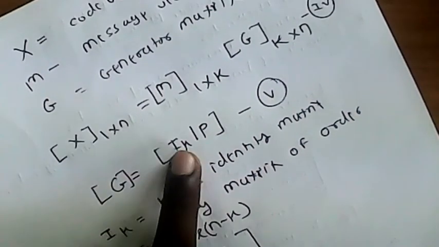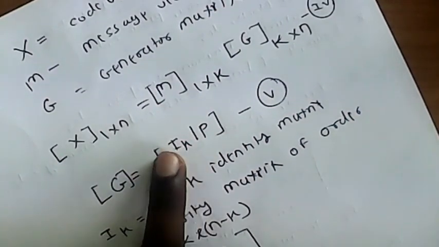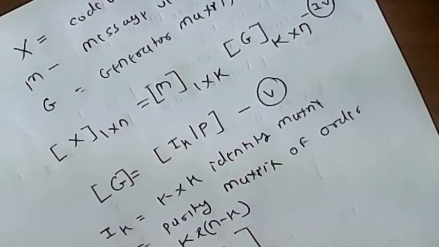So this is a parity matrix of order k, n minus k. So we can define the generator matrix in terms of identity matrix and parity matrix.